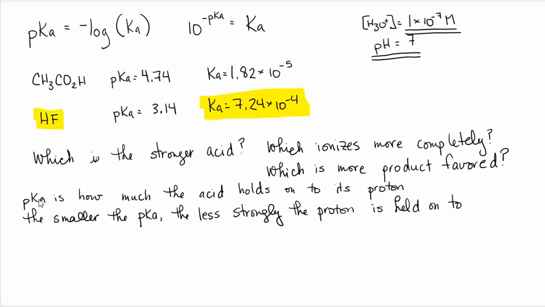And if it's held onto not very strongly, it's donated away. Water can steal it more easily. So the smaller the pKa, the less strongly the proton is held onto, and therefore the stronger the acid.